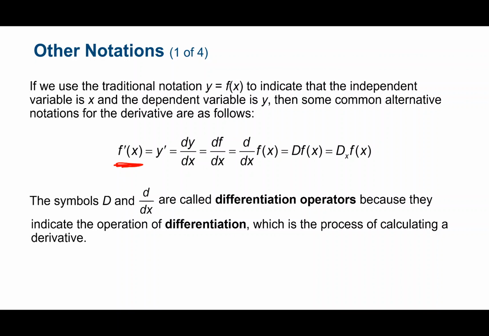So if instead of calling it a function, we were saying y equals something, then we could talk about y prime or the derivative of y, that y with a tick mark. Okay. The next three are all related. If we're defining our function as y equals something, then we could say dy dx. Or if we're calling our function f, we could say df dx. Or we could just say d dx, whatever our function is. Those all mean the derivative.